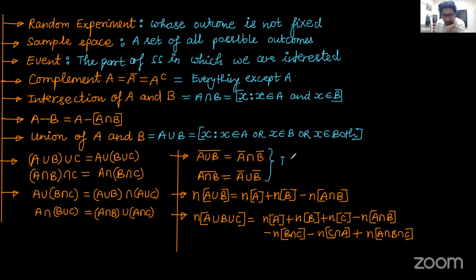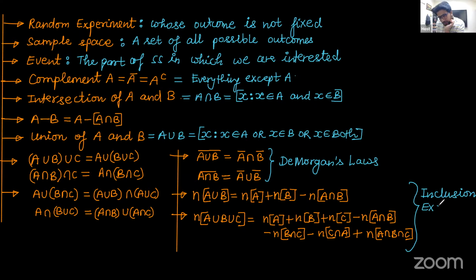These two are called De Morgan's laws, and these two are called De Morgan's laws, and this one at the last is known as the inclusion-exclusion principle. Perfect.